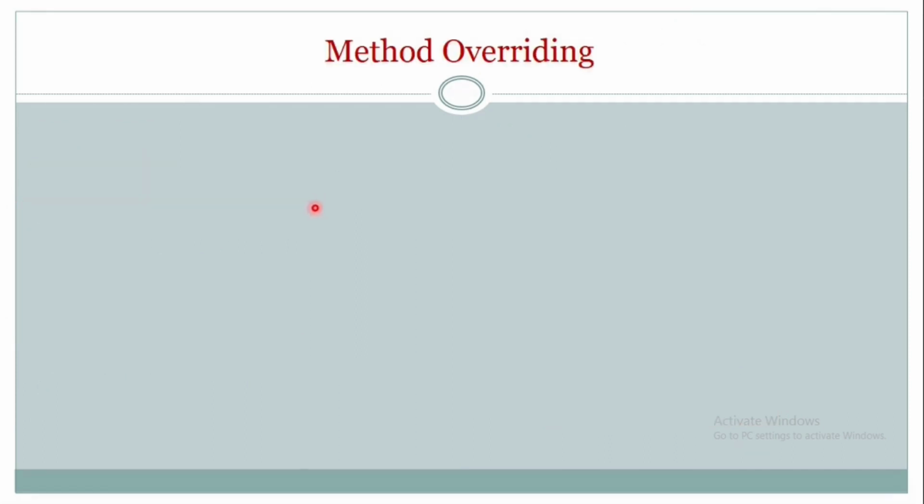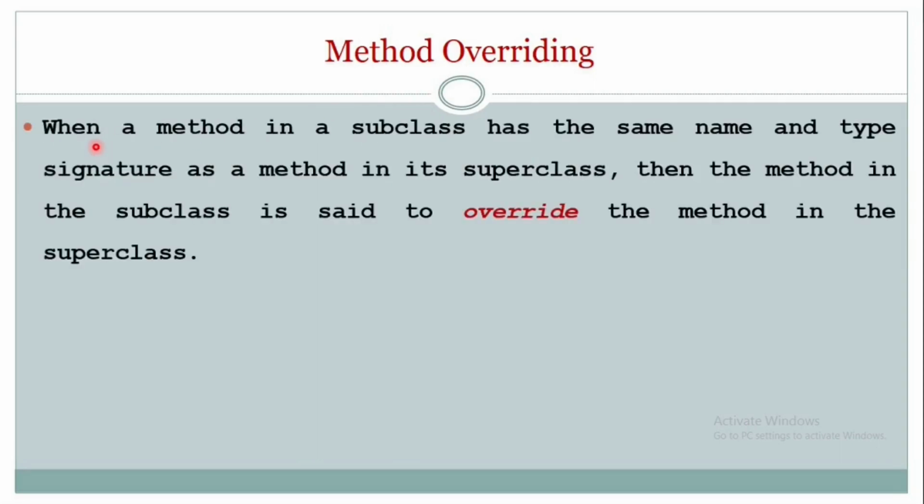Yes, now let us understand method overriding. What is method overriding? When a method in a subclass has the same name and type signature as a method in its superclass, then the method in the subclass is said to override the method in the superclass, which means if a subclass method is the same as a superclass method, then the subclass method will override the superclass method.